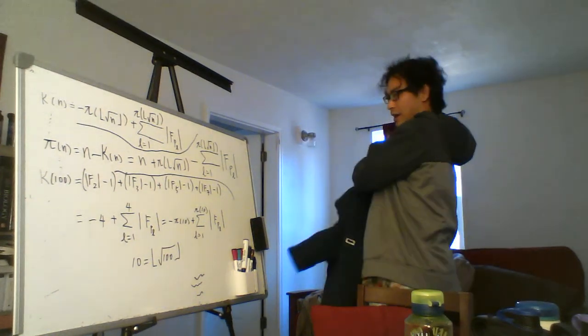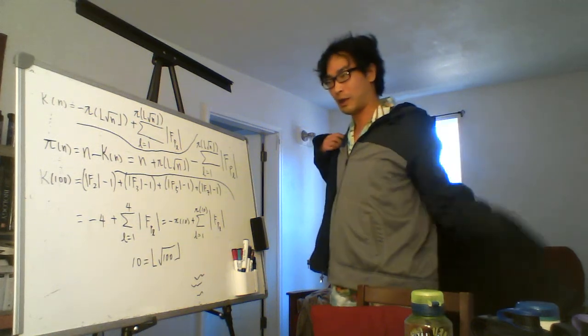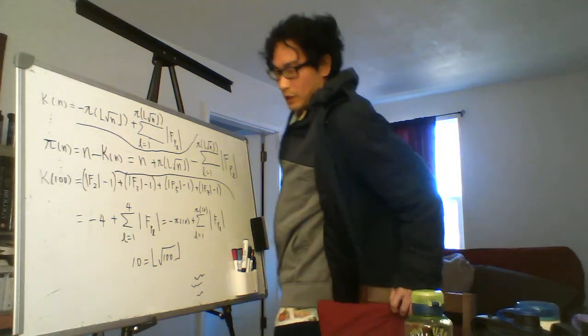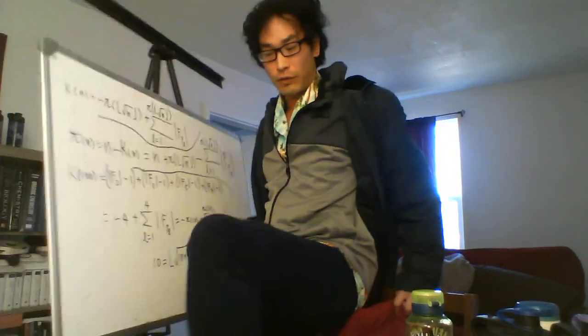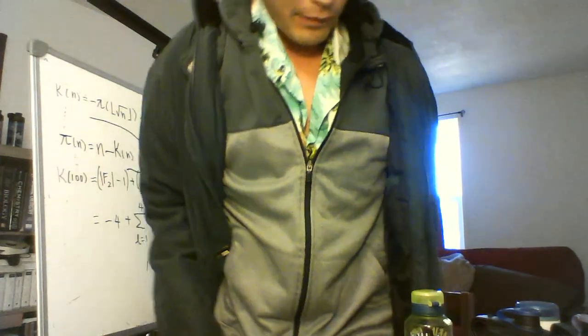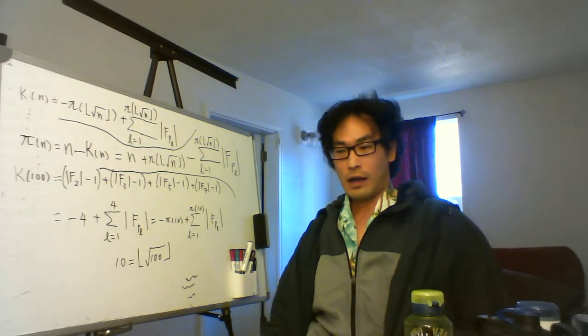Whatever, that's fine. And I ran into a free PDF online, a paper written by somebody who claimed to come up with a closed form formula for the prime counting function. Well, obviously it's not widely accepted, but I'm gonna check it out.